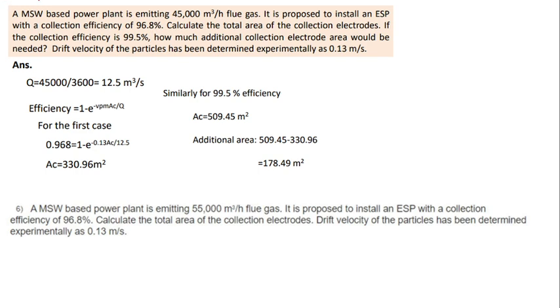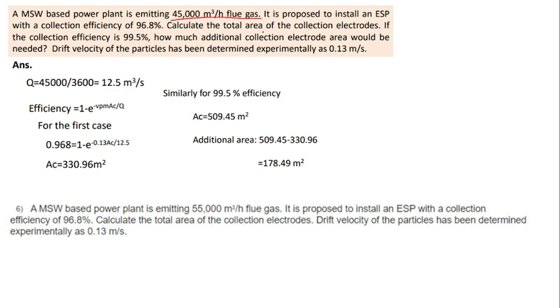So next question is an MSW, which is a municipal solid waste power plant, emitting 45,000 meter cube per hour flue gas. So the flow rate of the gas is given. It is proposed to install an ESP with a collection efficiency of 96.8%. So efficiency is given as 96.8.